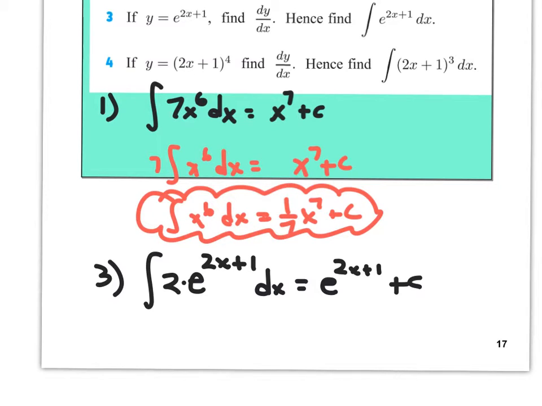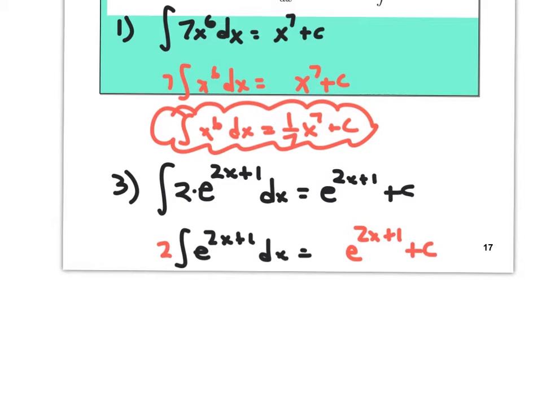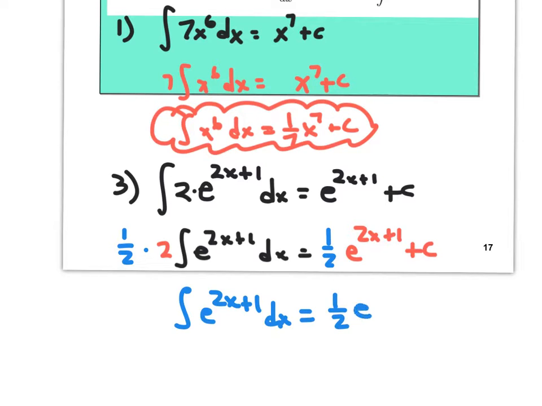Okay, so if I want the integral of e to the 2x plus 1 dx, I pull out the 2. And so the integral of e to the 2x plus 1 dx would equal, multiply both sides by 1/2, 1/2 e to the 2x plus 1 plus c.